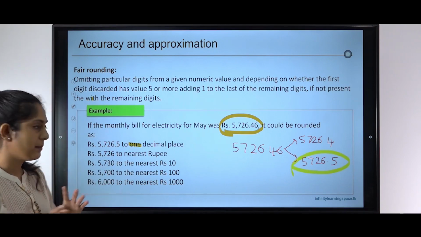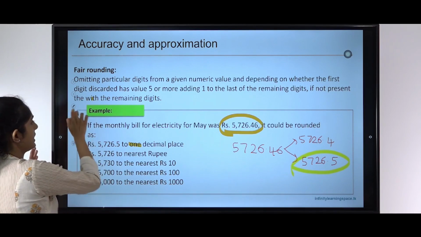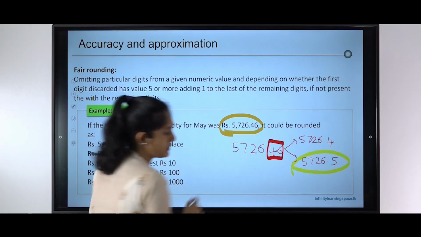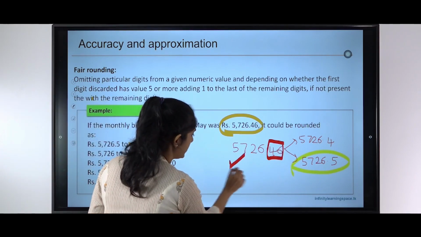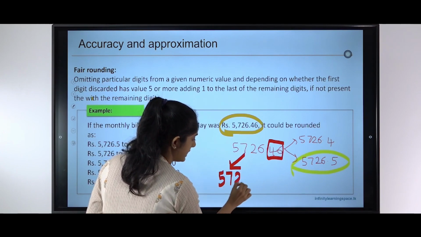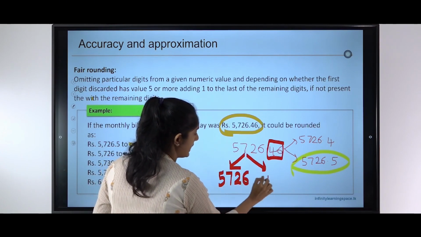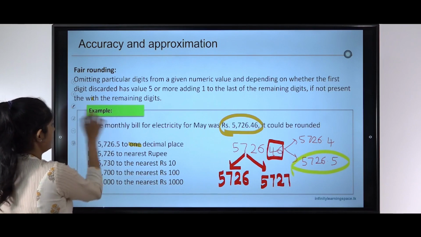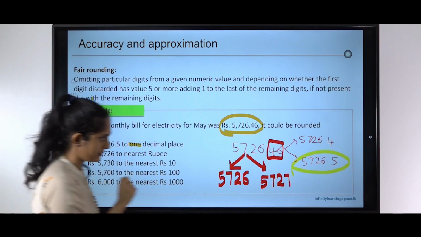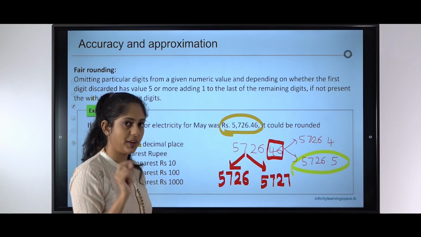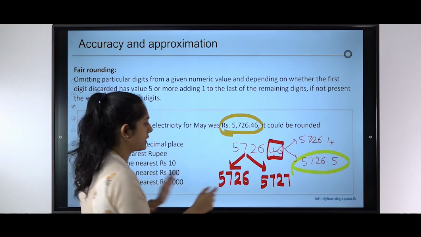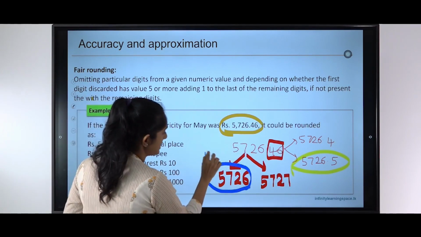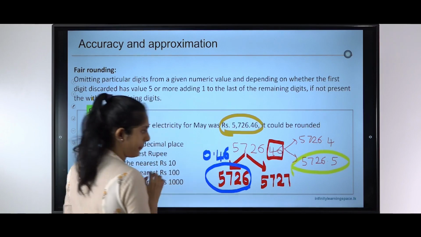Same way, in the total number, we are going to now remove the 2 decimals, which means I don't want both the decimals. So when you remove that, you can fall to 5,726 or 5,727. Now which are you closer to? Check and see. 5,726.46, the whole number is closer to 5,726. Why? Because it's 0.46 on this side, right?